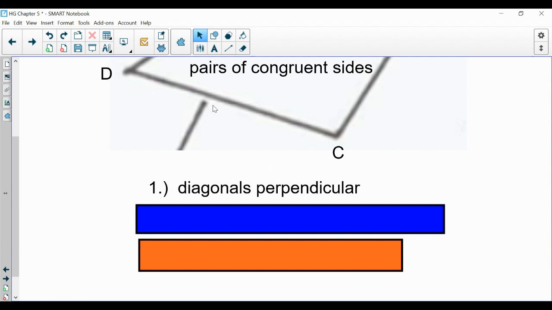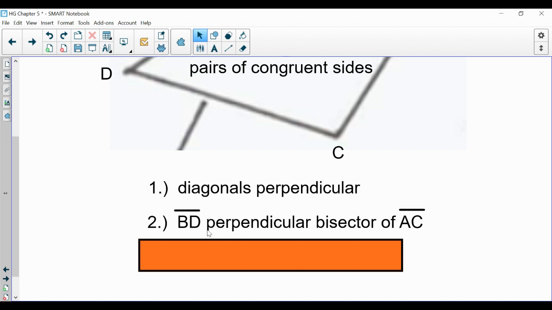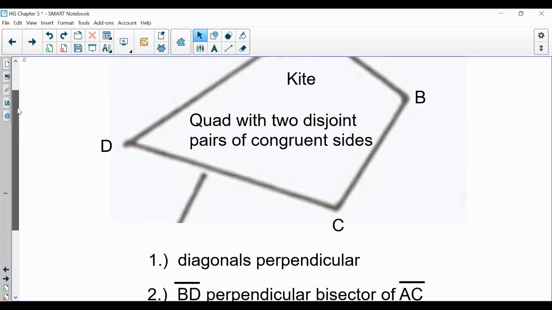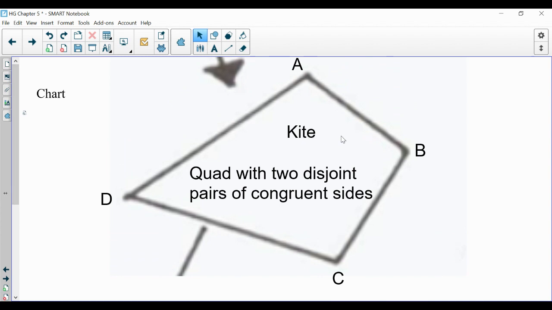Okay. So if you drew the 2 diagonals in, and again, diagonal meaning connecting 2 vertices that are not next to each other, not adjacent. Okay. Their diagonals are perpendicular. Not only that, but BD is the perpendicular bisector of AC. And if you think about it, we actually know this because, let me actually make some marks here.